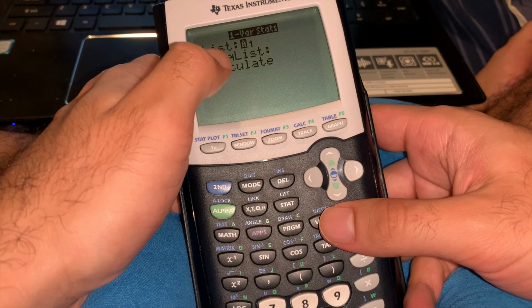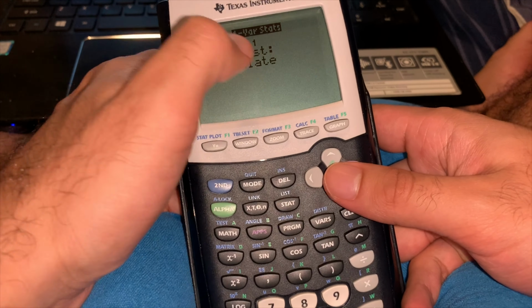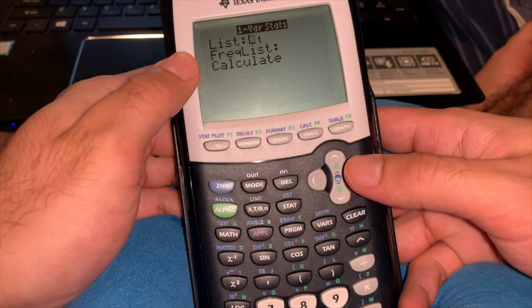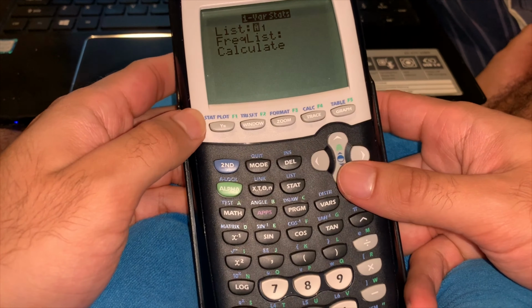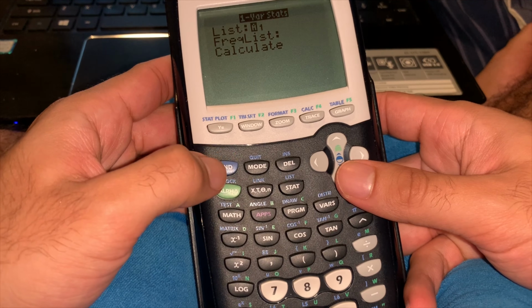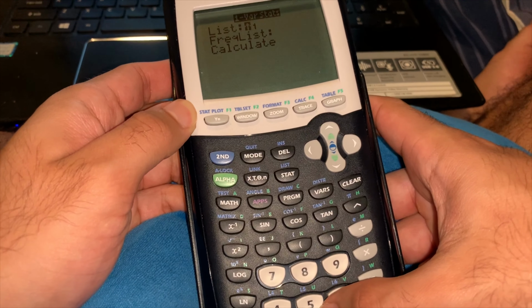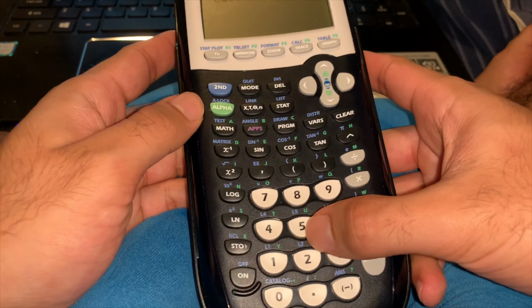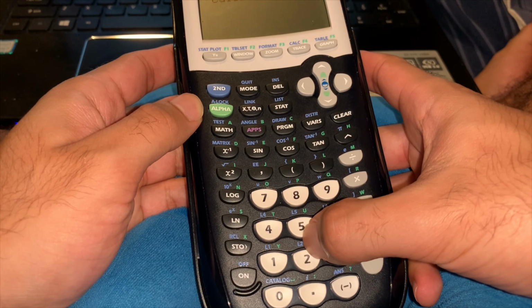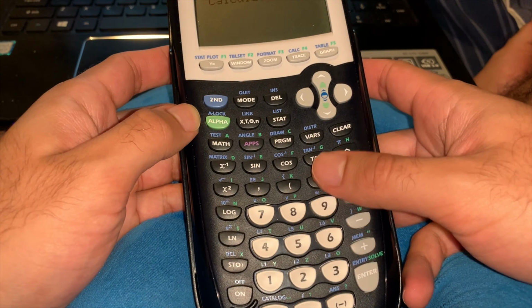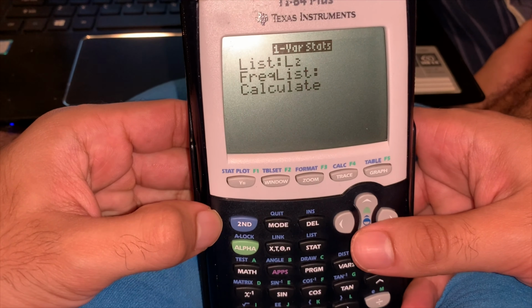For the list, remember that the new one we input is L2, so we're gonna change this from L1 to L2. To do that, we go to the second button right here, and then look for L2. Press that one, and now up here we have L2.